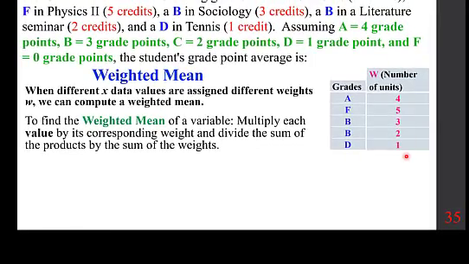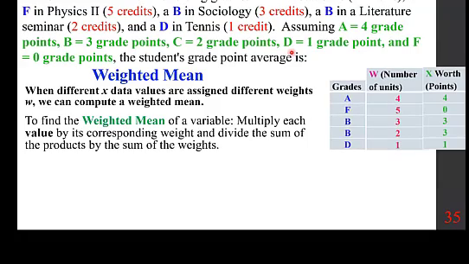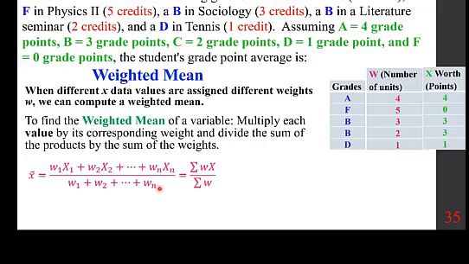So we know that. And we also know how much they are worth. A is 4 points, B is 3, so on and so forth. So we put them in front of them accordingly. For A, 4 points, for F, 0, so on and so forth. So we have to multiply these 2 columns and divide by the total number of units. So the formula is what you see here.